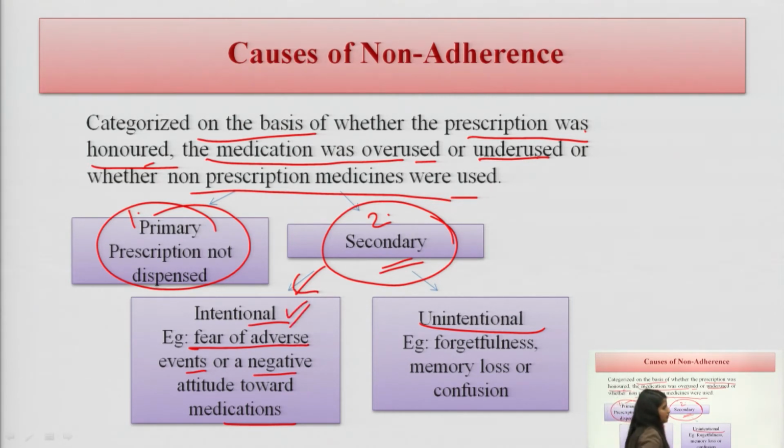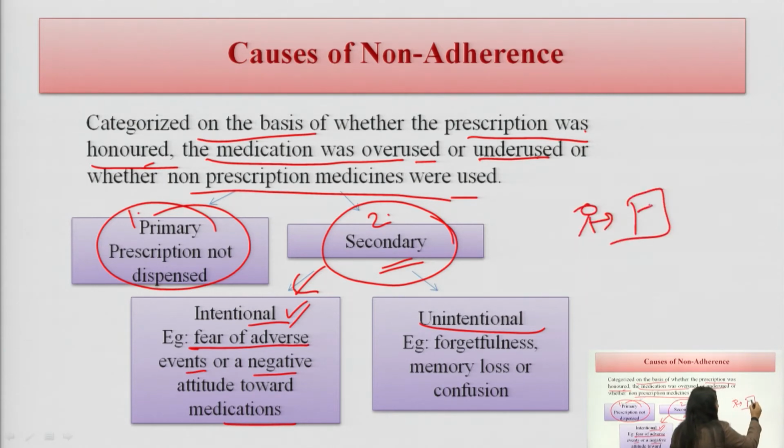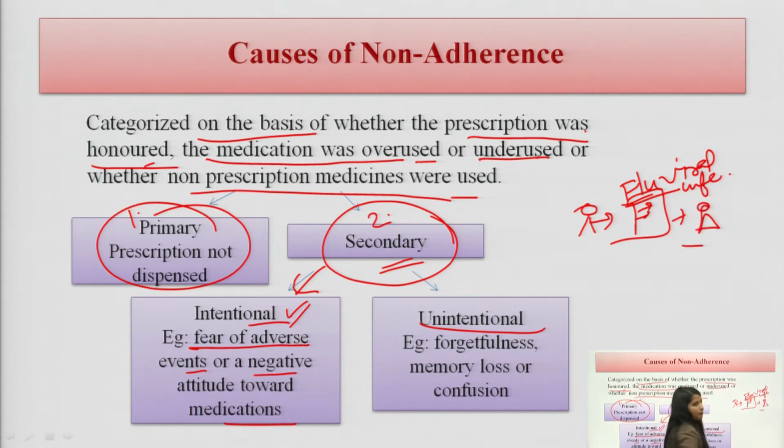I am taking an example here for the intentional. What happens if a physician writes a prescription with 2 antibiotics, I can take an example of a flu or any viral infection, to a patient, and the therapy is for, let it be, 5 days.